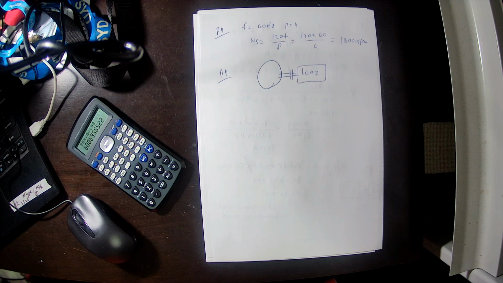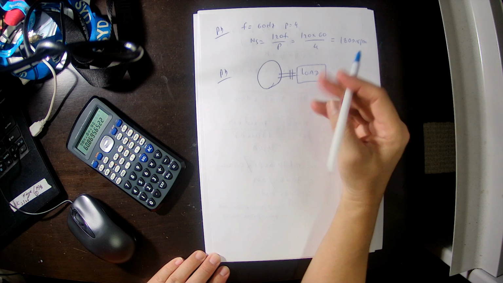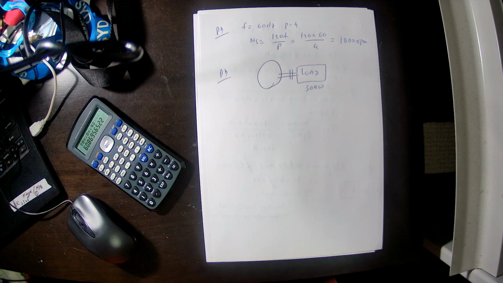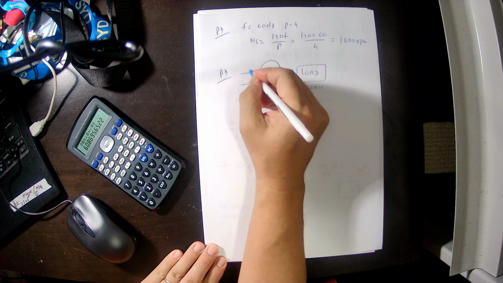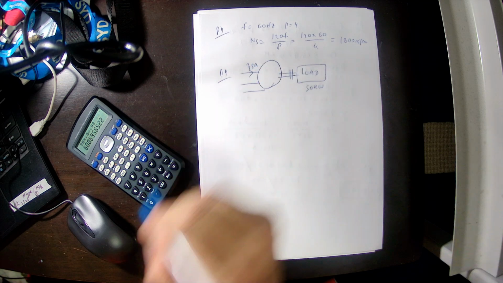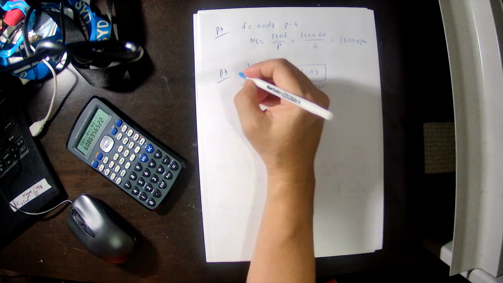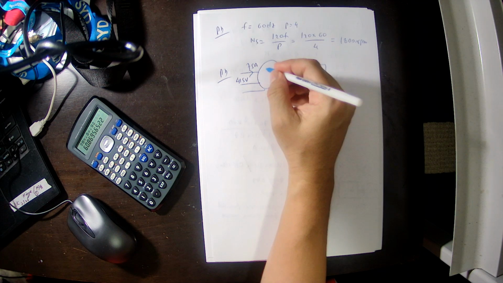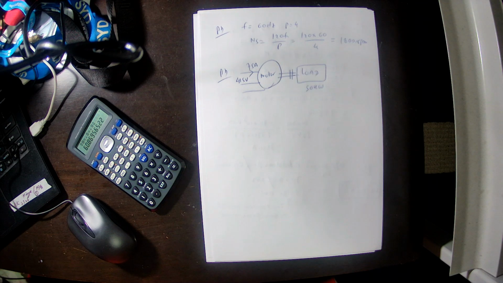The load power is 50 kilowatt, and the motor takes 75 ampere from the 415 volt power supply. So this is 3-phase, and we have to calculate the input power.